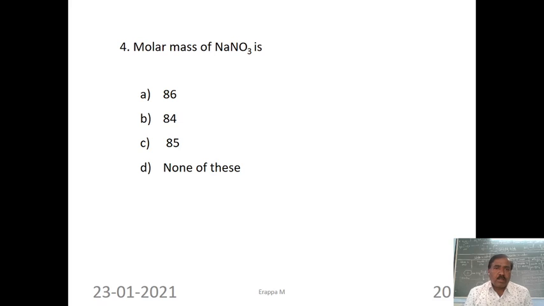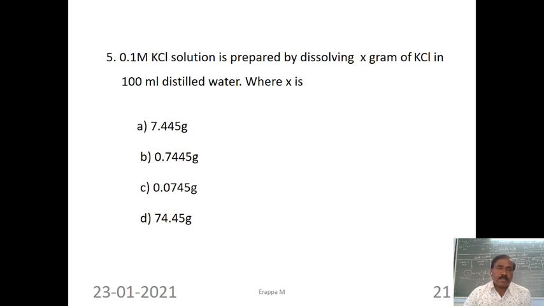Number 4, the molar mass of NaNO3 is: first one is 86, B is 84, C is 85, and D is none of these. The correct answer is C, that is 85.